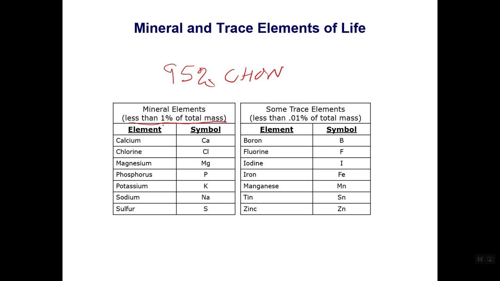Trace elements are elements that are less than 0.01% of the total mass. So trace elements means there's just a very tiny amount in our bodies. The mineral elements include things like calcium and chlorine and magnesium, phosphorus, potassium, sodium, and sulfur. Trace elements include things like boron and fluorine and iodine and iron and magnesium, tin, and zinc.